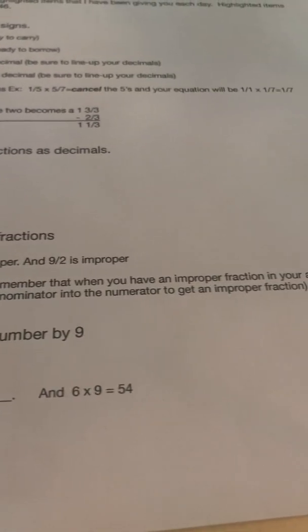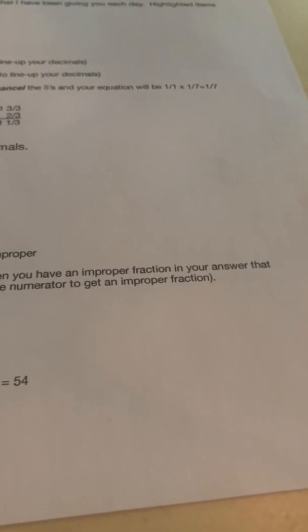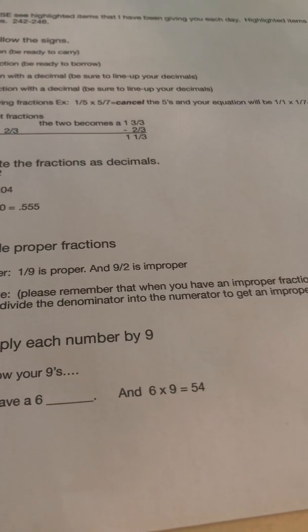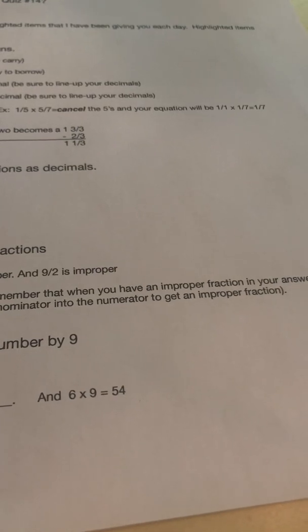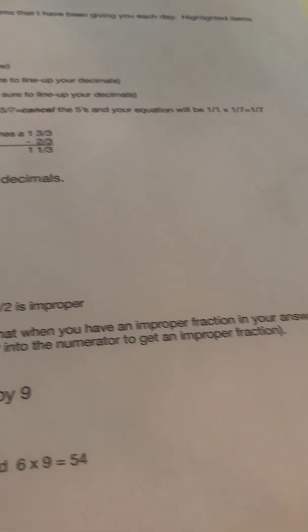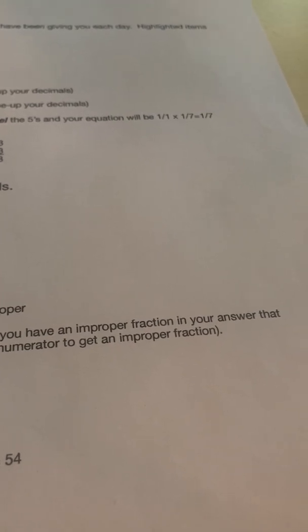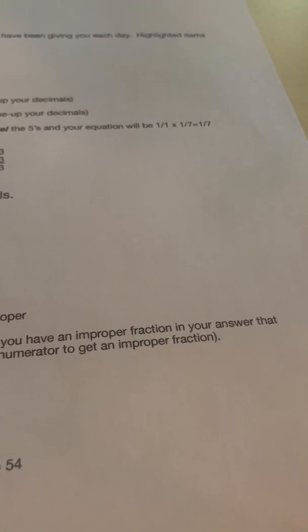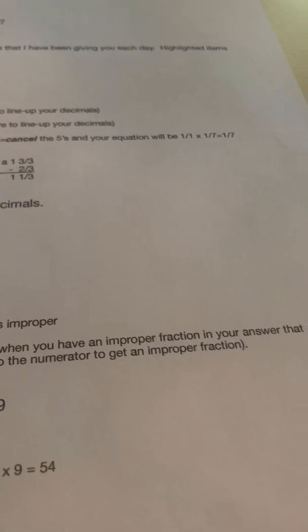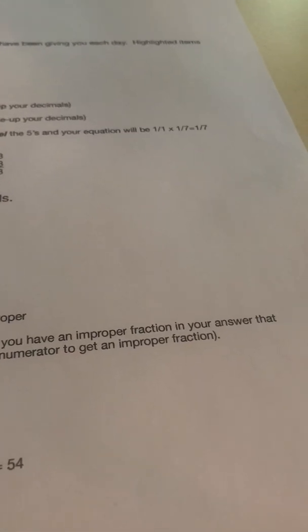That should say a mixed number. That's what that should say. So I will fix that. So basically, you understand what I'm saying. Let me do something real quick to make sure it makes sense.